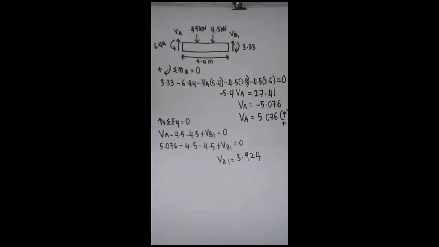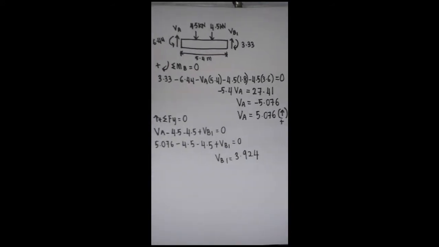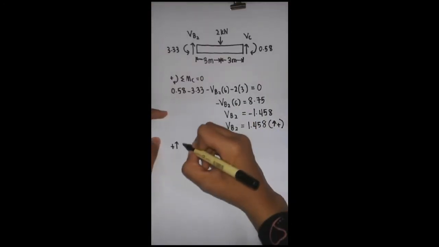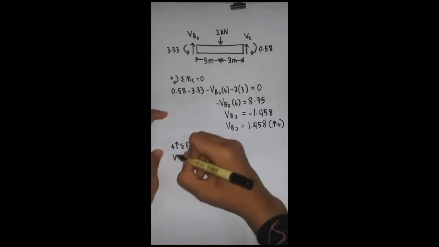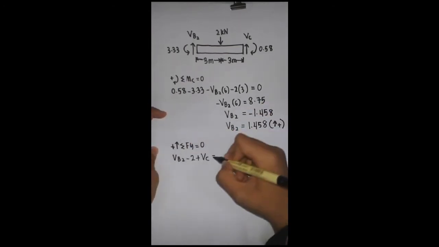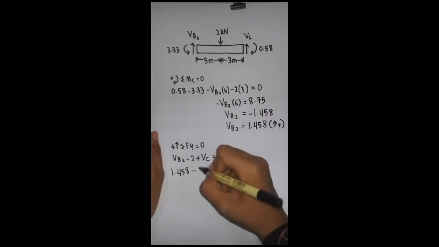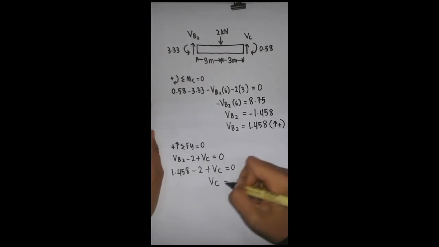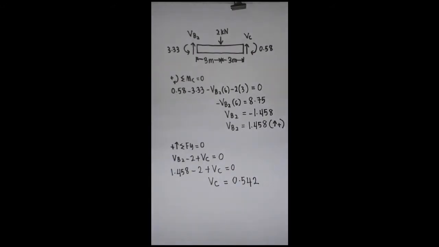The sign is also upward, a positive value. Next, the value for shear force at VB2 equals 1.458. We consider upward is positive, and the value for shear force at VC equals 0.542. We consider upward positive.